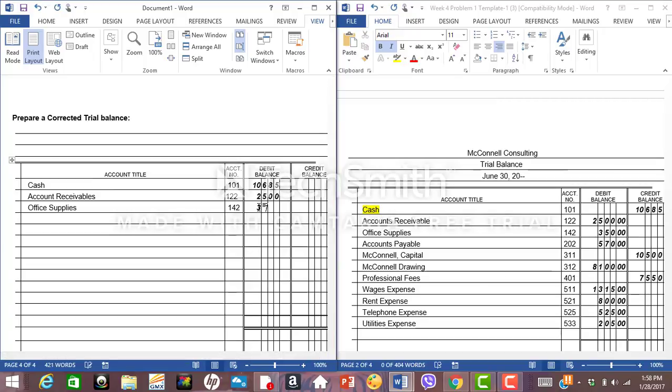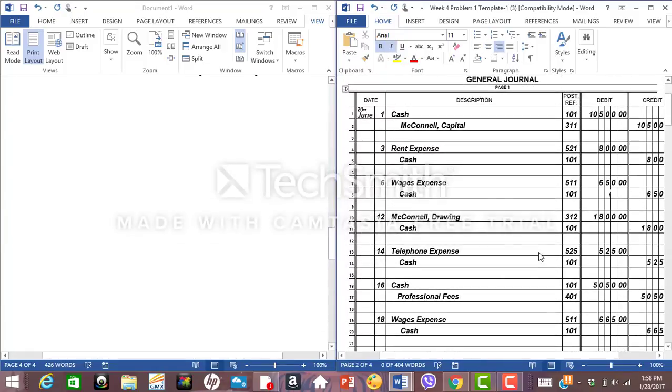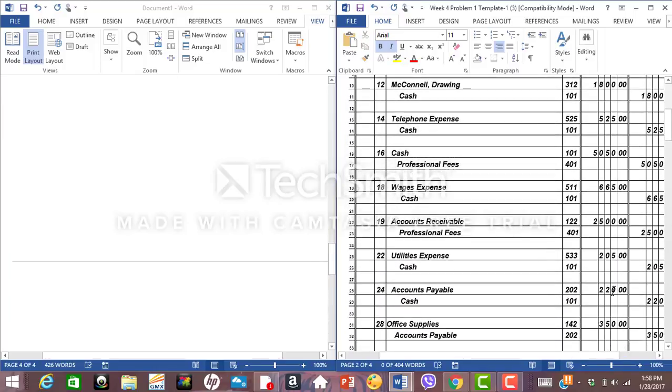So 350. Okay. And then the next one is accounts payable. Accounts payable is 202. All right, let's look at accounts payable up here. Since it's 202, we have accounts payable $220.